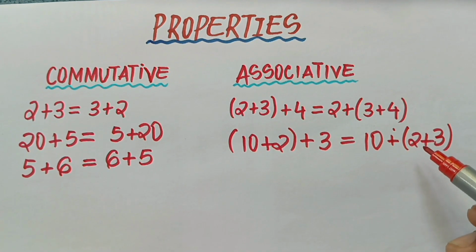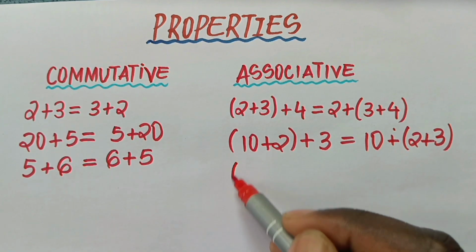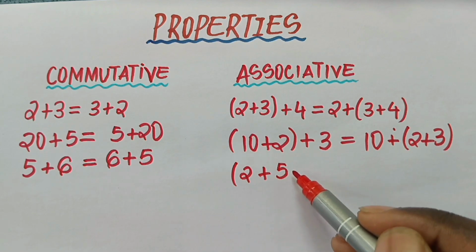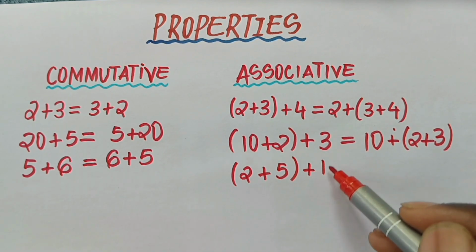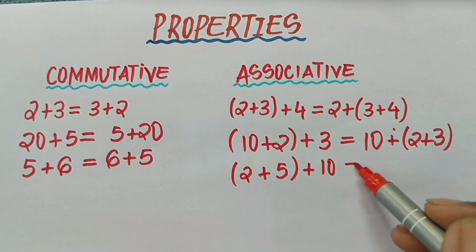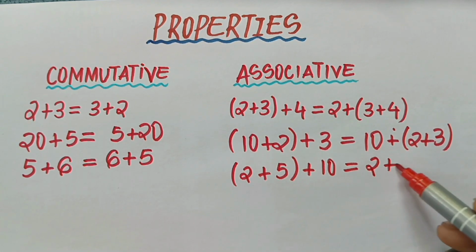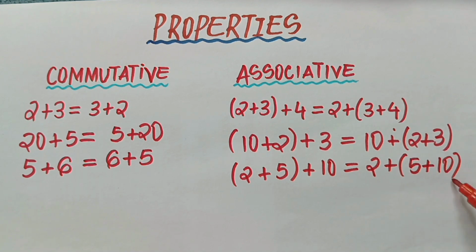And giving another example, here you have 2 plus 5, plus 10, which is the same as writing 2, plus 5 plus 10.